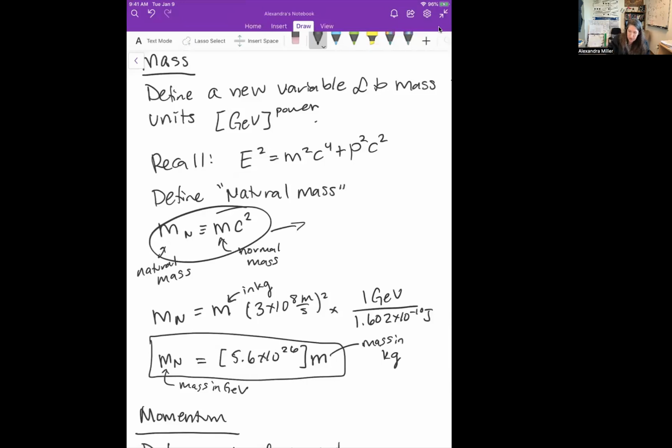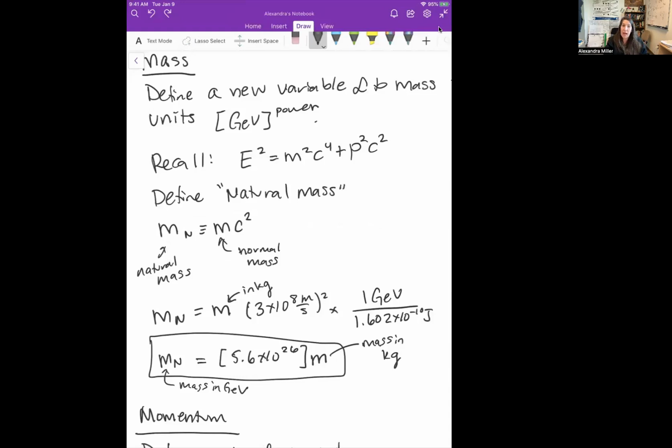So you would say, oh, our regular mass is the natural mass divided by the speed of light squared. Actually, sorry, you don't need to do that. Just everywhere in your formulas, you replace the mass with mc squared.